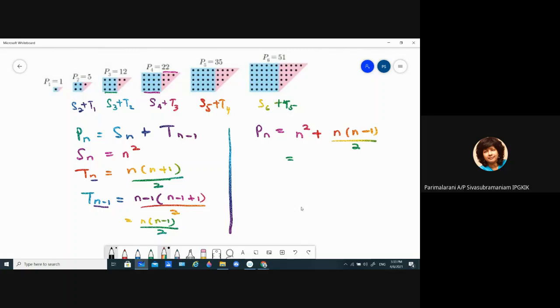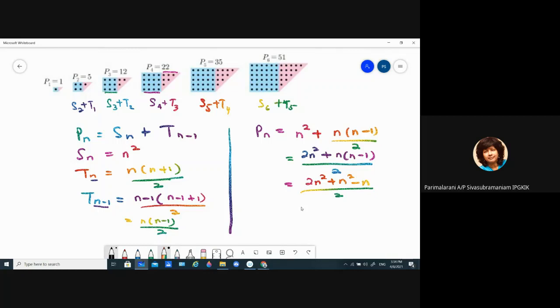We have the 2 here, so we're going to find the LCM of 2. This is 2n squared plus n into n minus 1. This is also equivalent to, let me open the bracket first, 2n squared plus n squared minus n over 2.